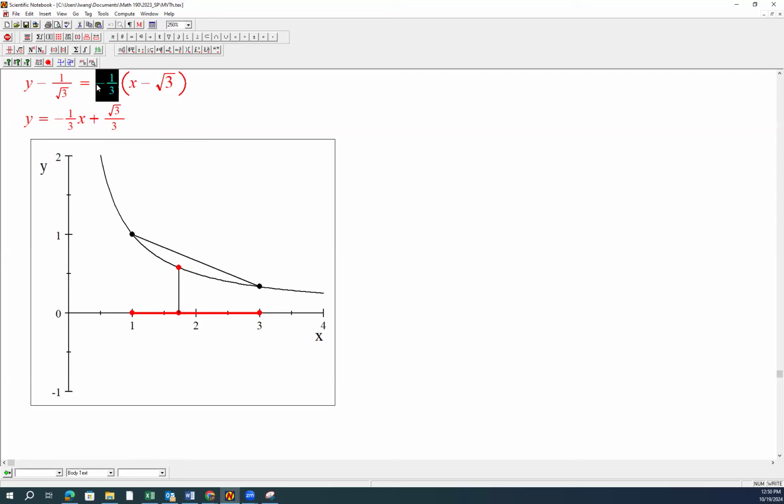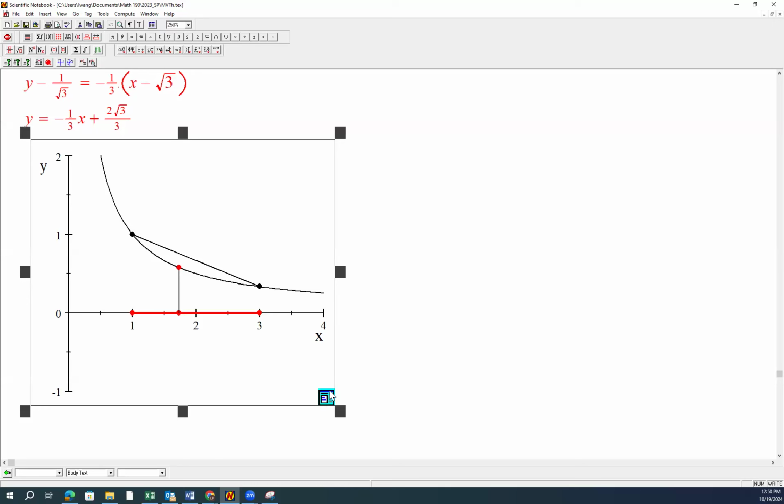Because the negative 1/3 times negative root 3. And this piece is adding to the other side. So 1 over root 3 is root 3 over 3. We have 2 of these, so it's just going to be 2 times. Okay, so that's the tangent line equation.